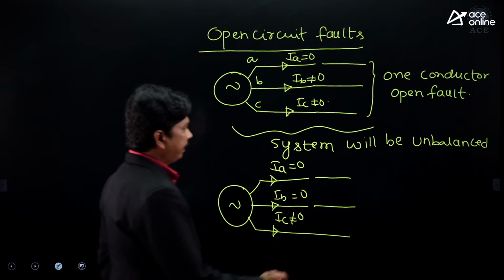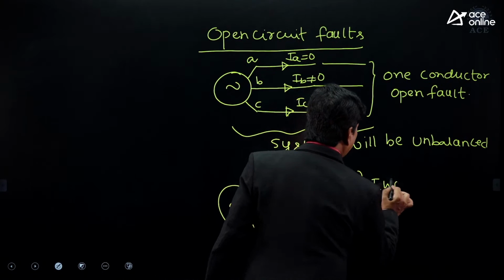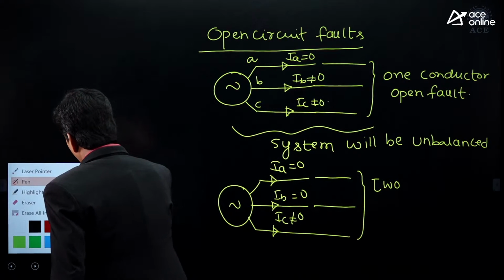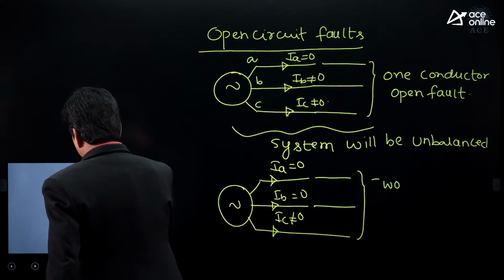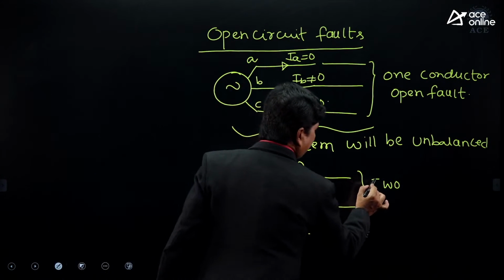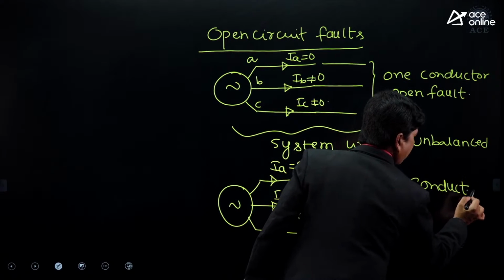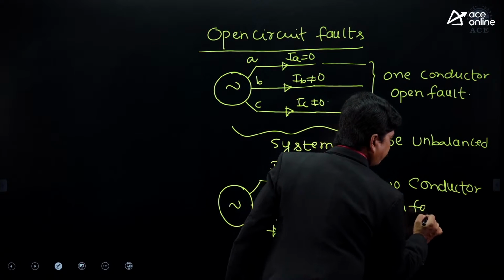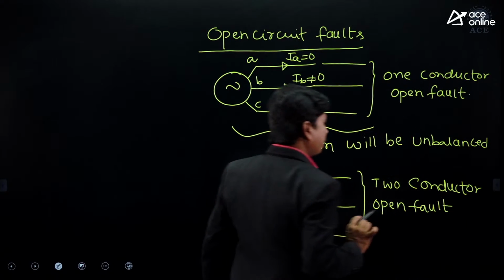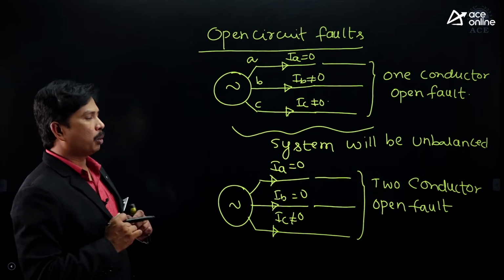This type of fault we can call a two conductor open fault. So these are the two types of faults we are having, the one conductor open fault and the two conductor open fault.